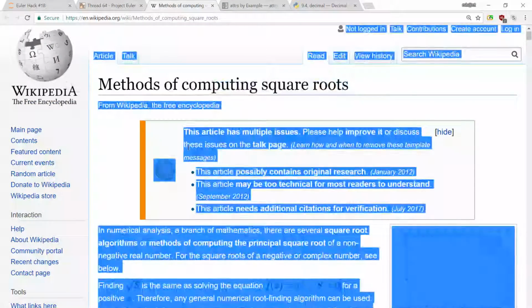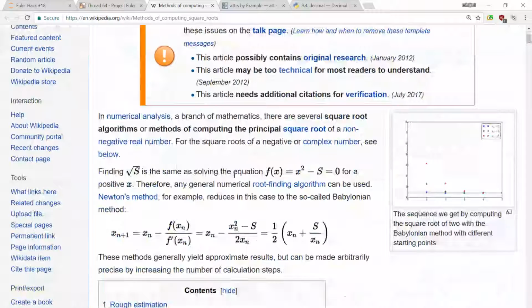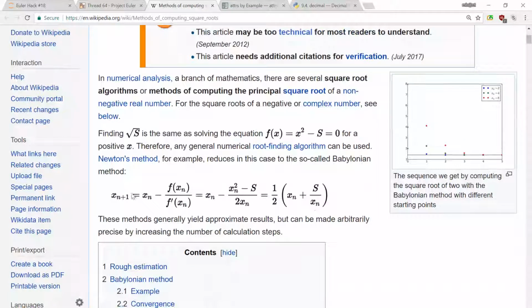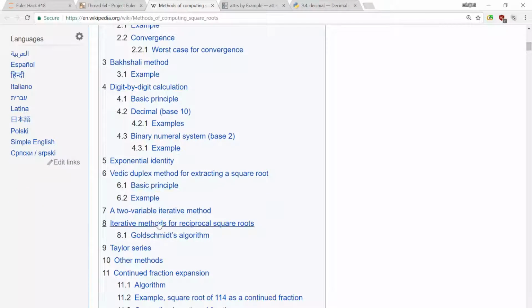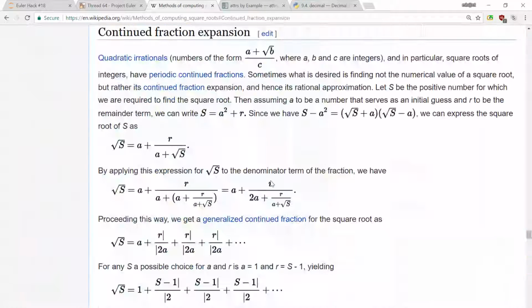Method of computing square roots. Method of computing pi.